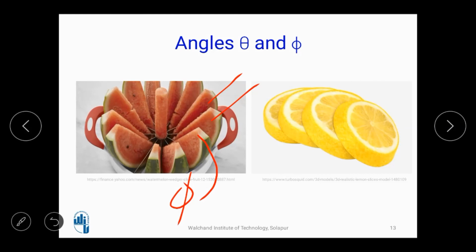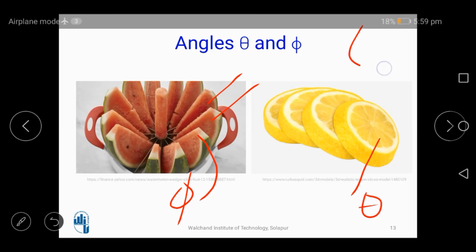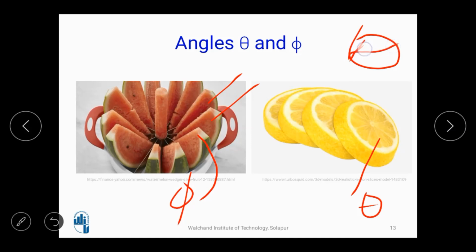And for this lemon, it has different values of theta and not phi. How? If I consider this as a sphere, and I put the slices like this, these slices will make a particular angle theta with respect to the origin, the center. So every slice is making a different angle, a different cone with respect to the origin. These give different theta constant cones, whereas this gives me a phi constant plane.